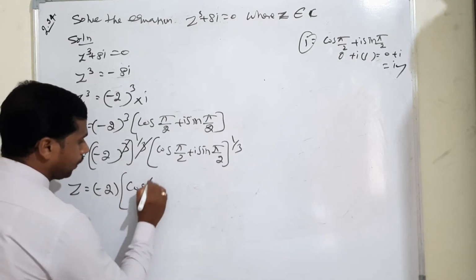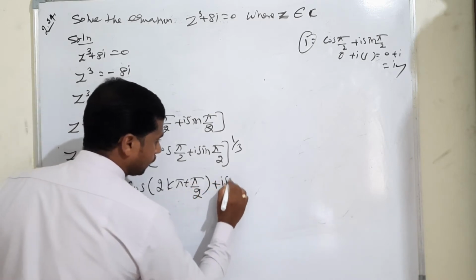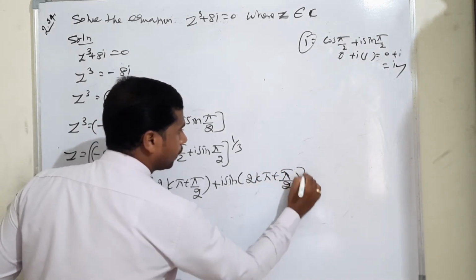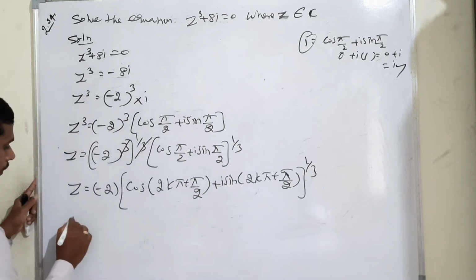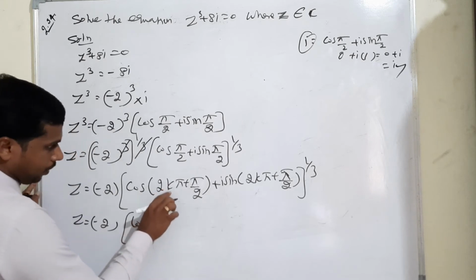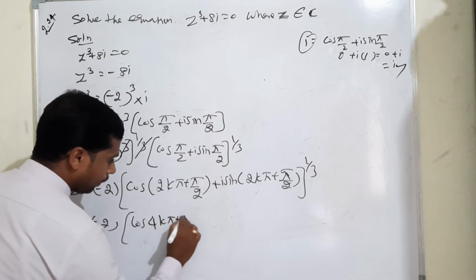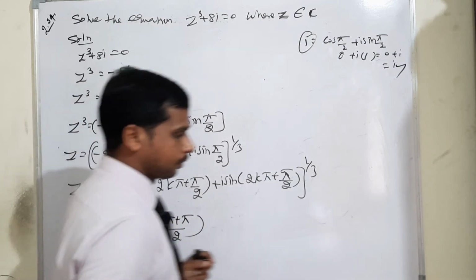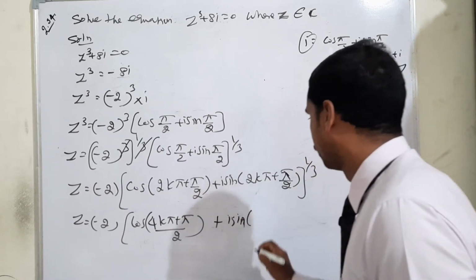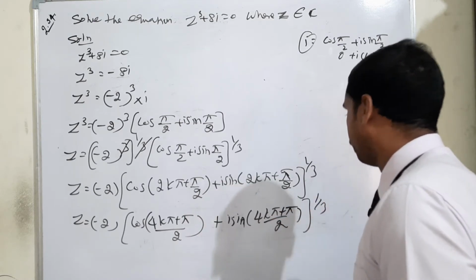Cos of 2k pi plus pi by 2 plus i sin of 2k pi plus pi by 2, the whole power of 1 by 3. So z is equal to minus 2, then cos of, cross multiply, 2 into 2, 4k pi plus pi by 2, then plus i sin of 4k pi plus pi by 2, the whole power of 1 by 3.